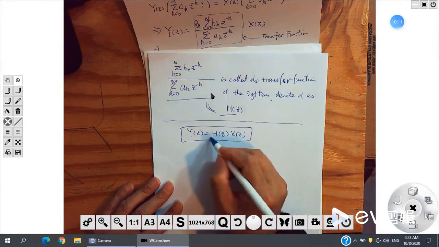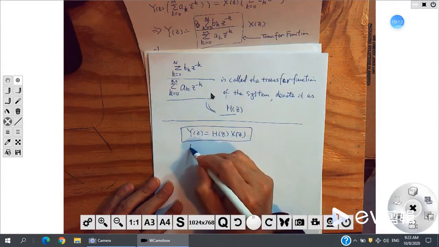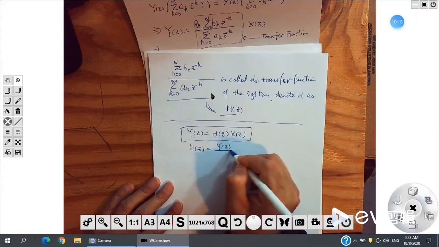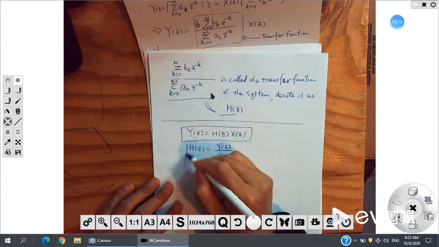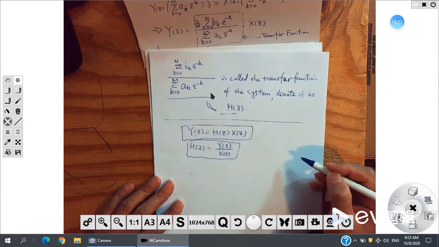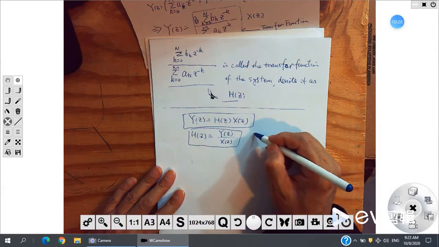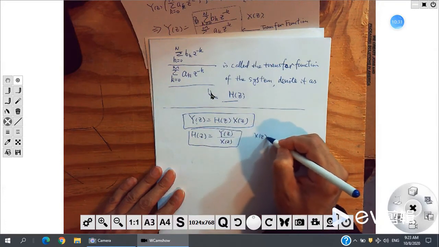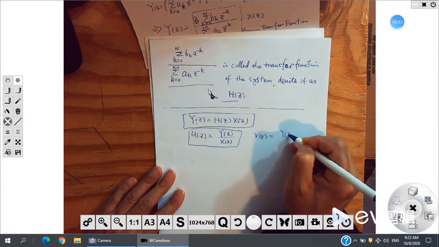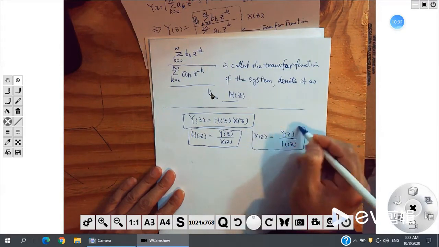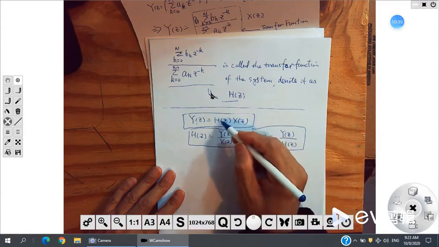If you know X and Y, then H equals Y over X. And if you know H and the output, you can also have X of z equal to the output over the transfer function. Using any two, you can find the other one.